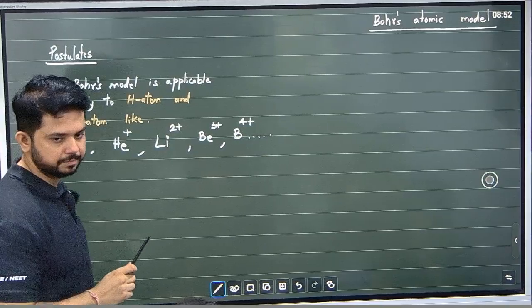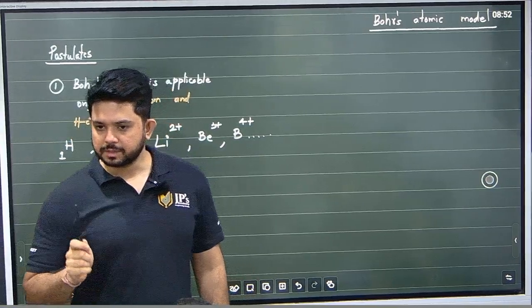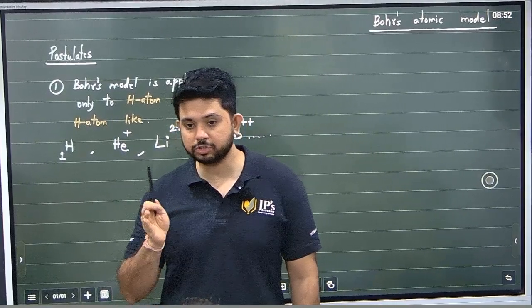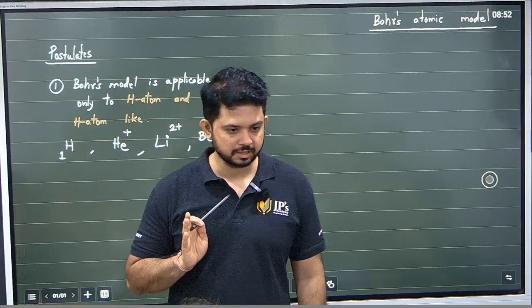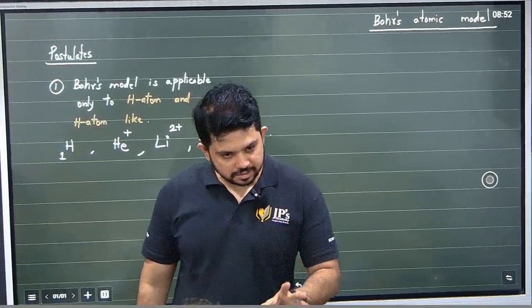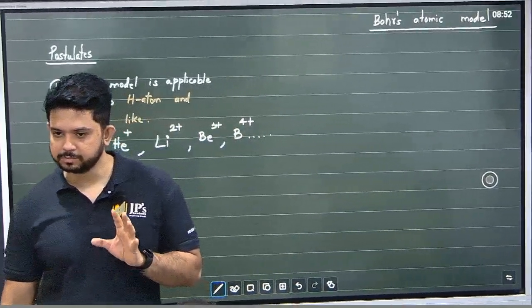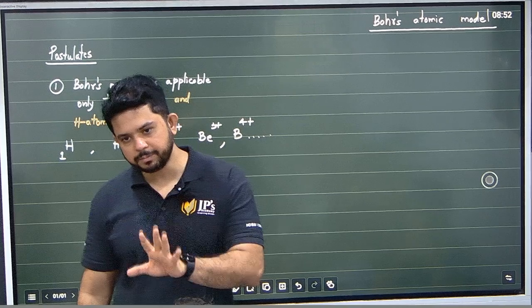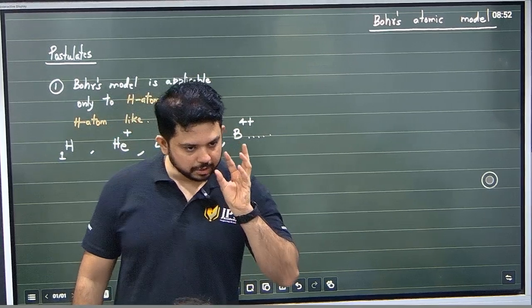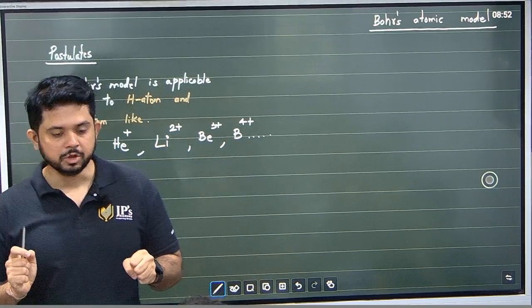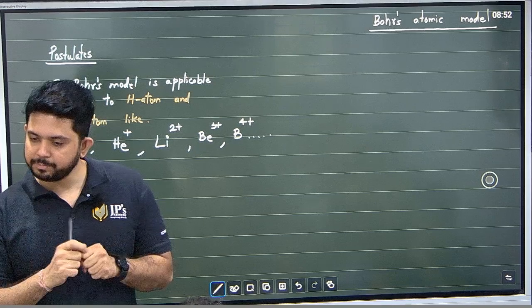And so on. So the first thing is the model is applicable only to hydrogen and hydrogen like species. All of them containing only 1 electron. And the reason for that is why this model was developed in the first place. When you just have a nucleus and an electron, which is the only force in between them?